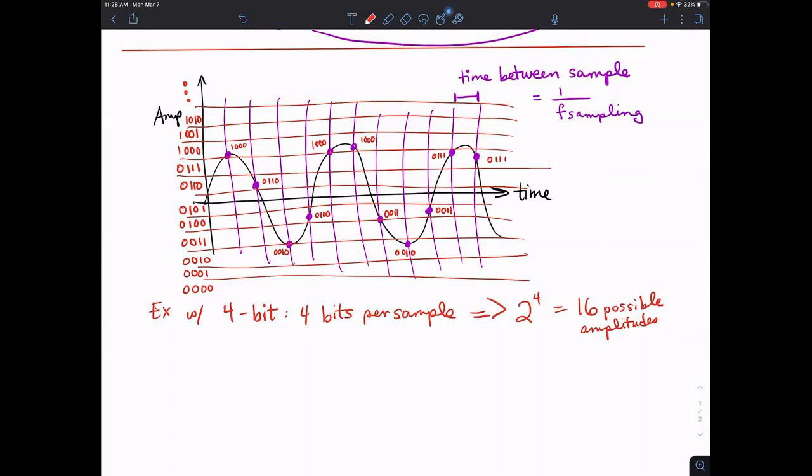Again, the bit resolution, as it says on your handout, impacts the amplitude resolution. So how many steps are there to go from the bottom to the top? That would be my 4-bit staircase.